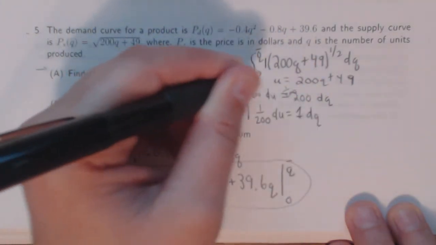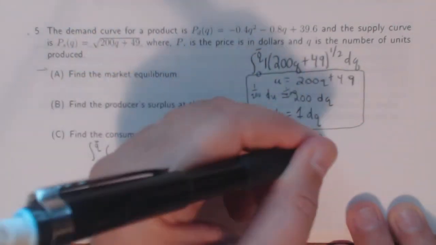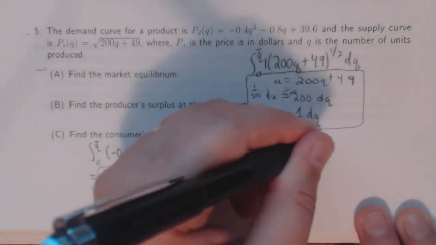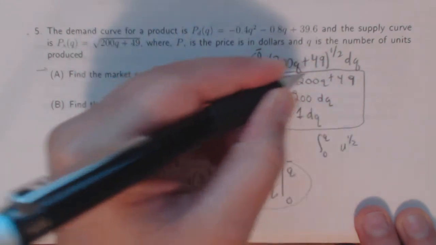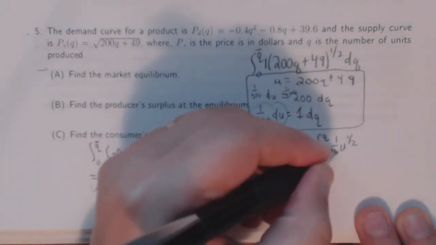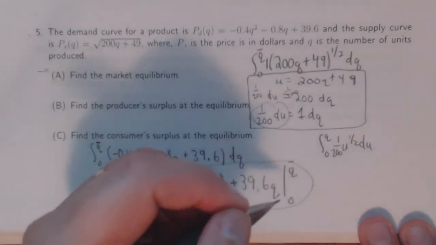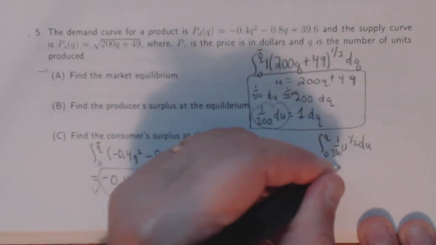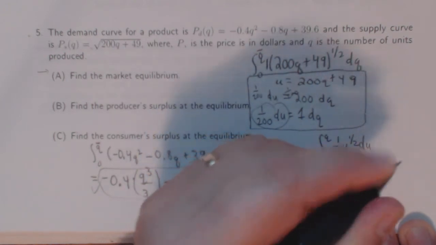So now I have what I need to substitute in and make an integral that's a lot easier to deal with. So that would be, this is u, so u to the 1/2. 1 dq is 1 over 200 du. So I have a nice integral that I can take the antiderivative of, and so the antiderivative is 1 over 200 u to the 3/2 times 2/3.